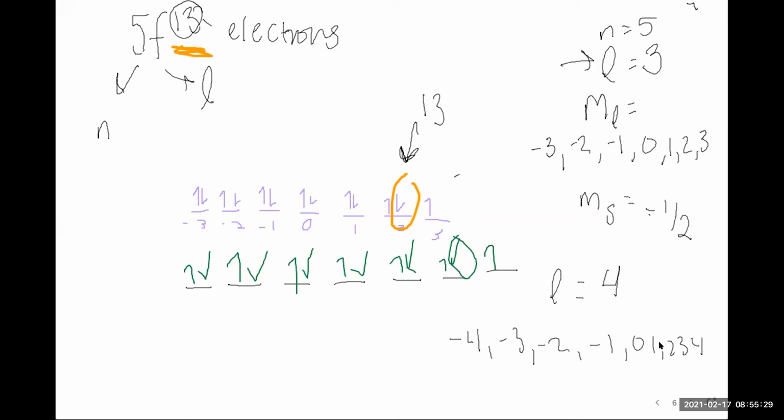Then there are these definitions. There are paramagnetic and there's diamagnetic. So paramagnetic is elements with unpaired electrons.